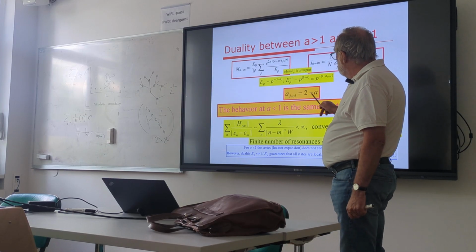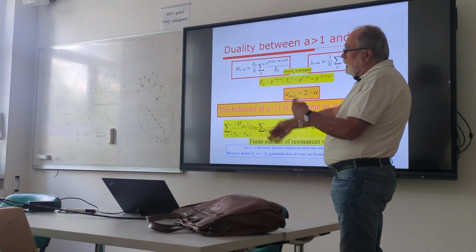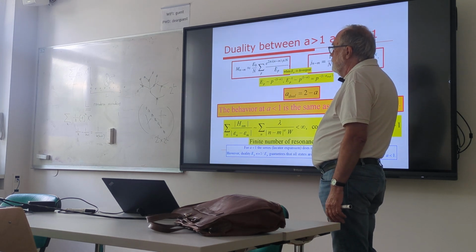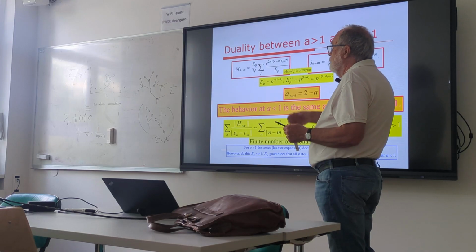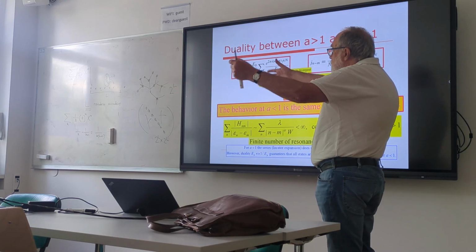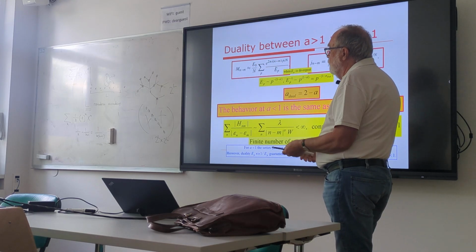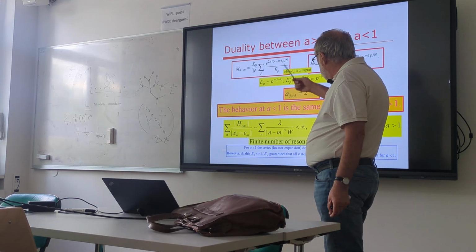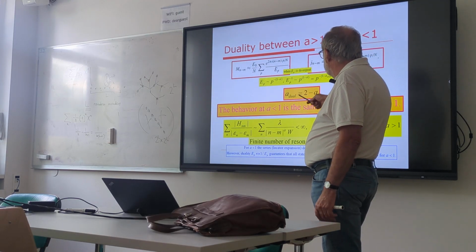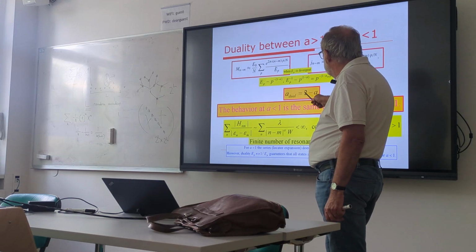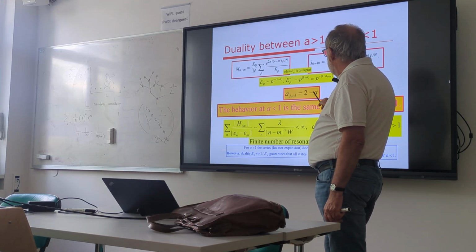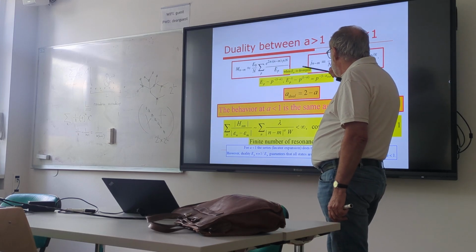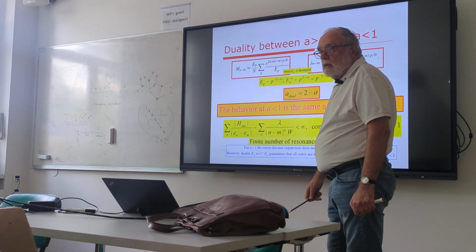But because of duality, because we have proven in this, I would say, sophisticated, I mean, it is not sophisticated, but you have to invent this transformation from one to the other. From this transformation, it follows that the physics at A is the same as the physics at 2 minus A. But if A is greater than 1, 2 minus A is smaller than 1.